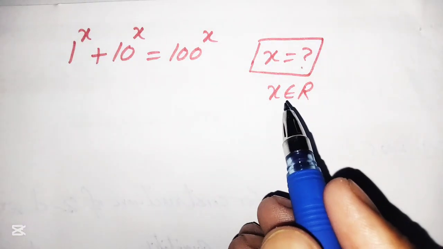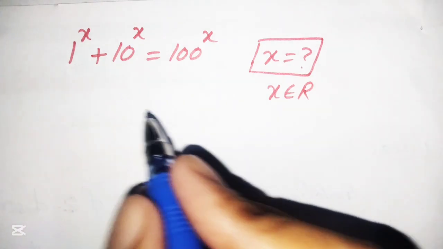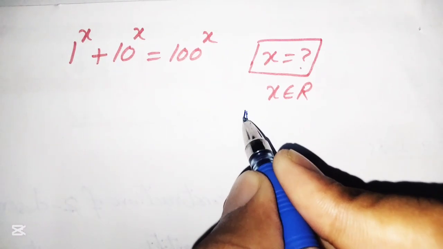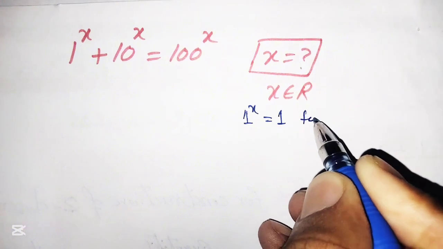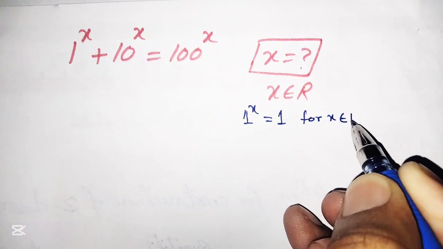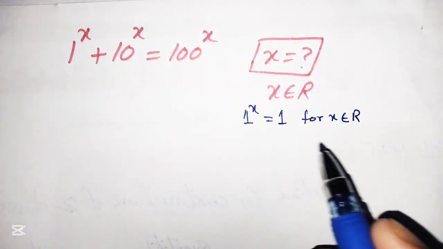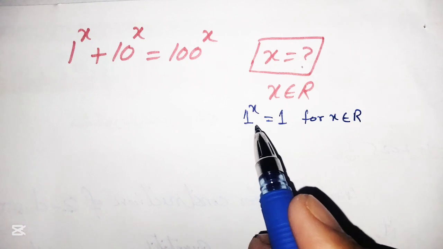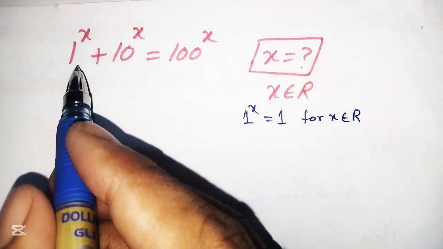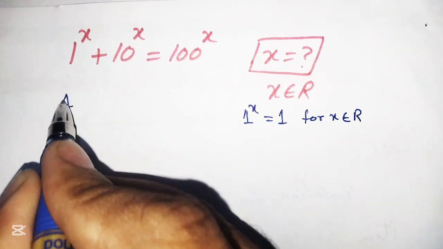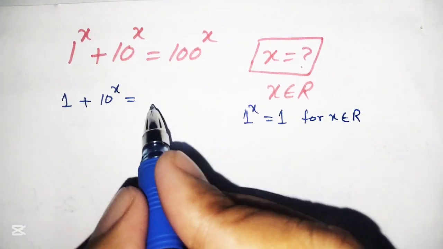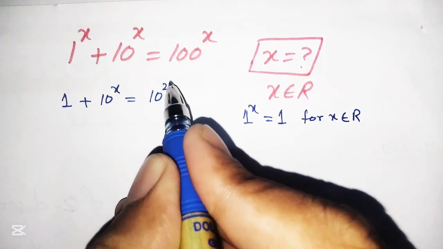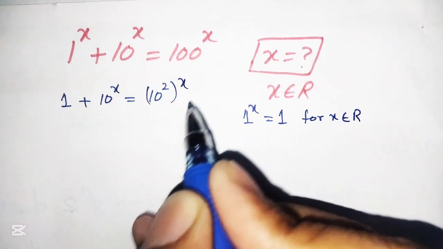As x belongs to R, 1 raised to power x is equal to 1 for all values of x. So we can write it as 1 plus 10 raised to power x is equal to 100 raised to power x, where 100 can be written as 10 raised to power 2, whole raised to power x.